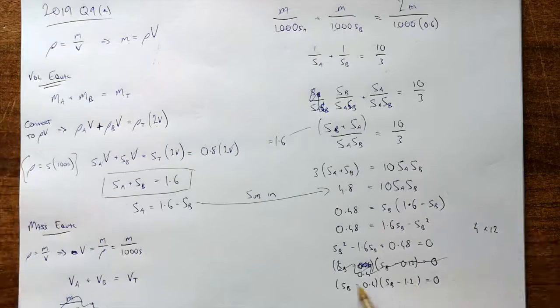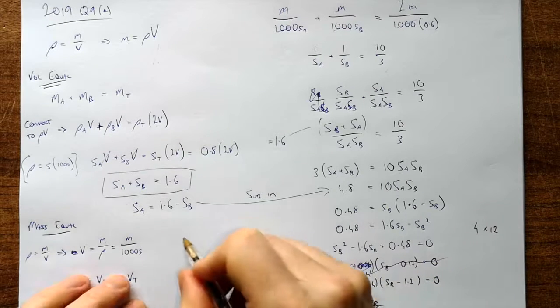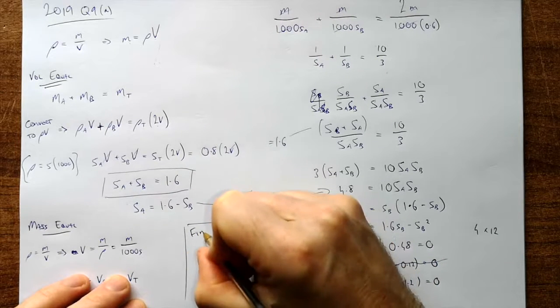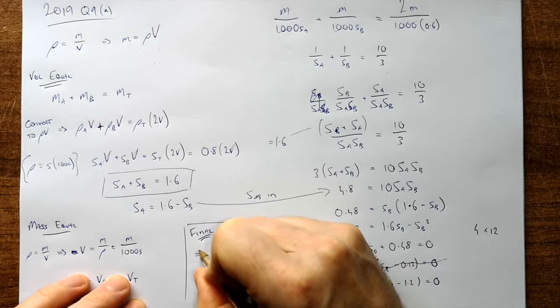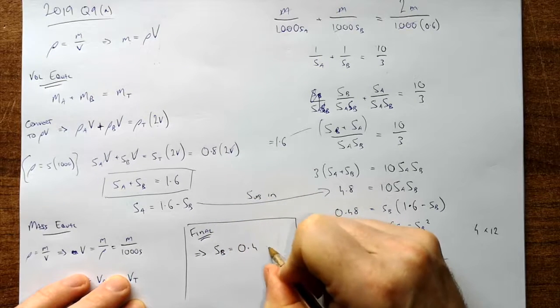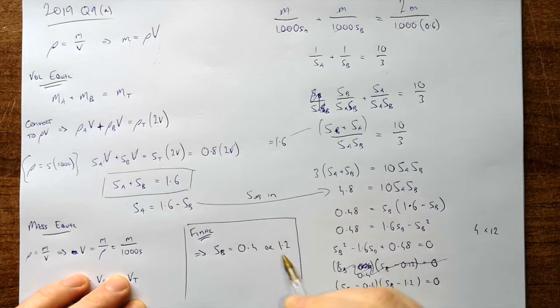0.48. So now we're golden. Of course, those two together equal 1.6. Now I think about signs. Minus by minus is plus. Yep, signs are correct. And therefore, SB, we'll just about get this in. Oh, we're going to lose a page. I'm going to come into the center here just so we don't have to. It's the final bit. Therefore, SB equals 0.4 or 1.2.